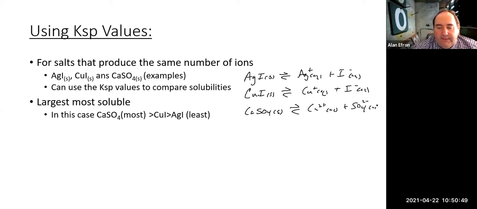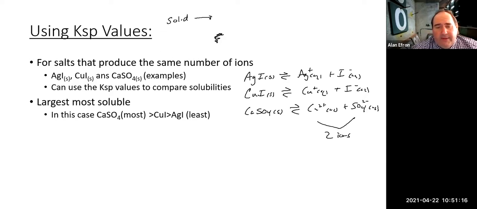And each of these, we basically end up with 2 ions. 2 ions basically means, if you do the Ksp table like we just did, you're going to end up with S squared in each of the cases. So it's kind of like a constant, if you will. So what that means is you can directly look at the Ksp values and determine which one would be more soluble. So what would that actually tell you?